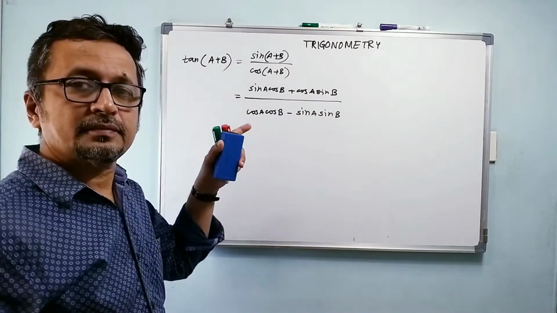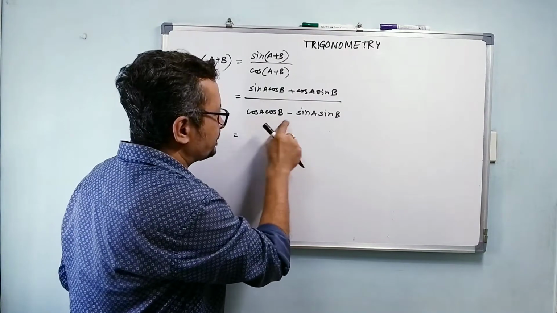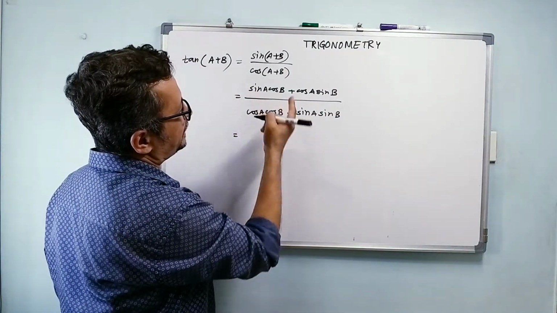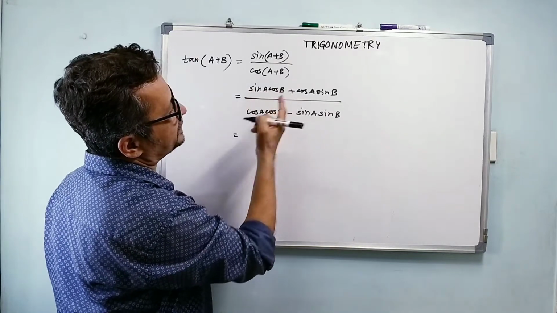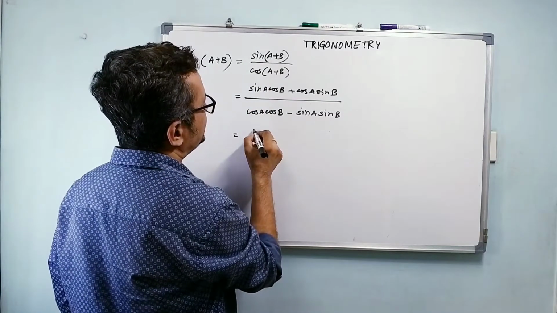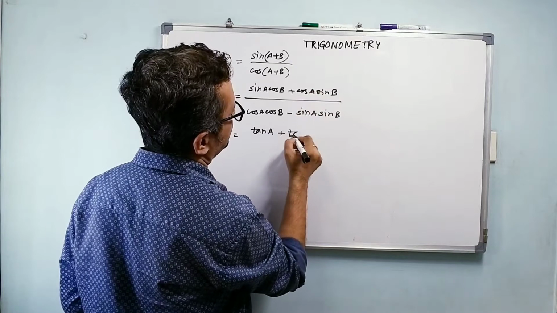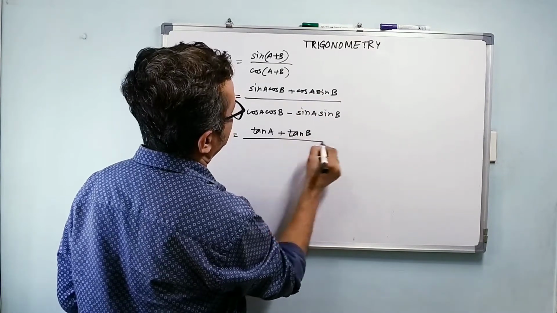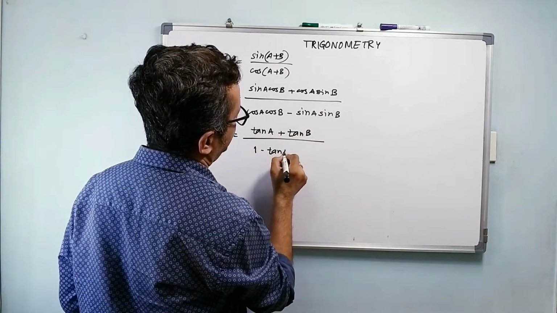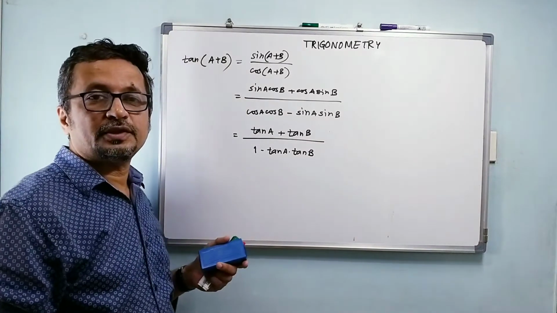I am going to divide the numerator and denominator by this term cos A cos B. So I can have sin A cos B upon cos A cos B. The cos A cos B in the first term of the numerator gets cancelled. I am left with tan of A here, similarly tan of B here, upon 1 minus tan A tan B. So my tan of A plus B is also done.